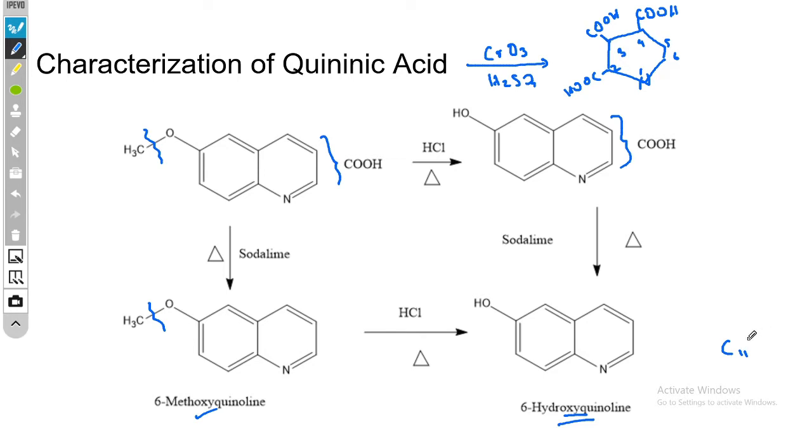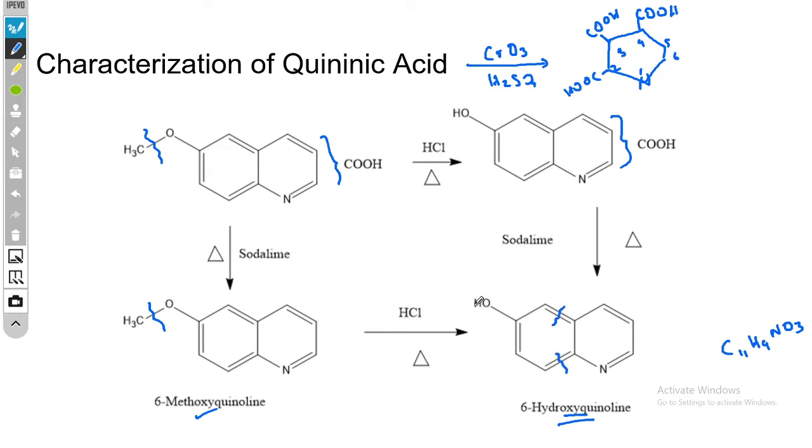C11H9NO3. So there is one more COOH group from this. Here it is CH3 group. So we should have an idea about where this COOH group is attached. In order to find out, this quininic acid is oxidized to this group, this indicates that these 2 COOH will be a result of a rupture of this bond.